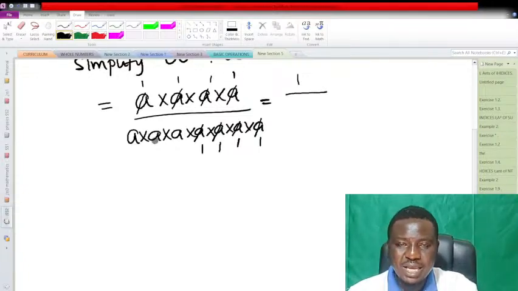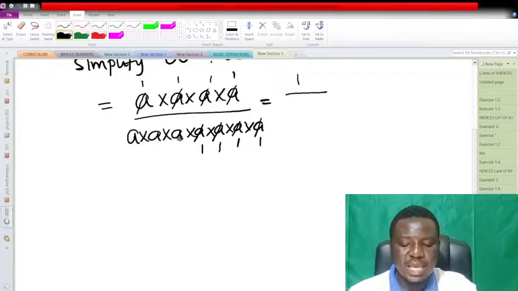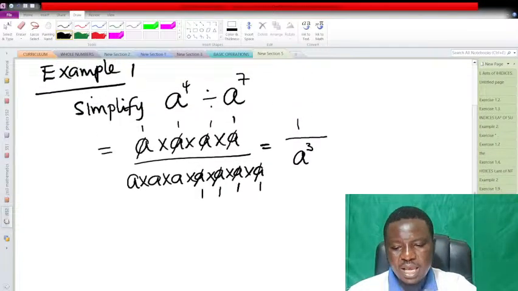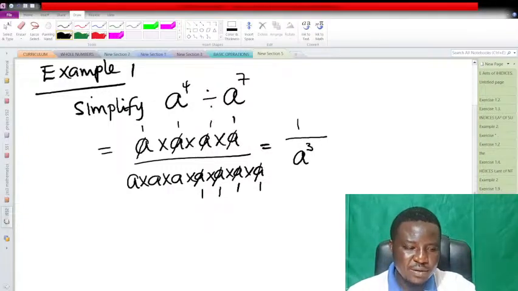And a times a is a squared, a cubed times 1 is a cubed, times 1 times 1 times 1 still gives us a cubed. So this is said to be a raised to the power of 3, that's a cubed, right? So it therefore means that a raised to the power of 4 divided by a raised to the power of 7 gives us 1 divided by a raised to the power of 3.